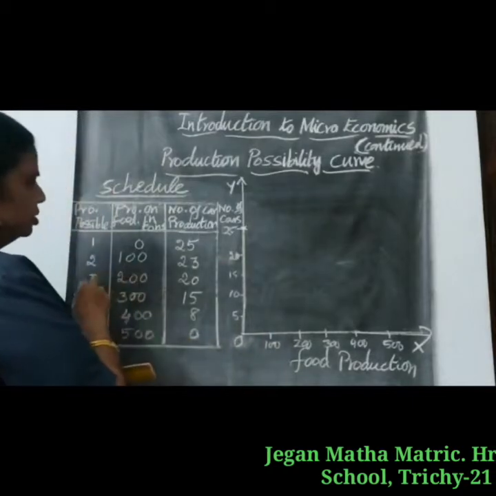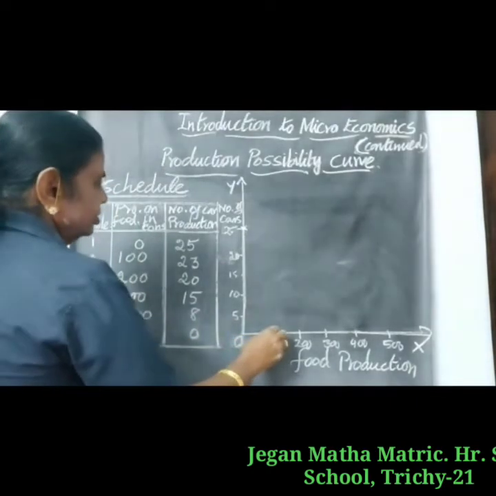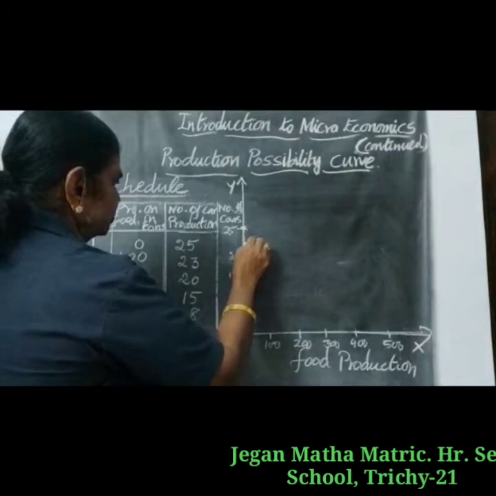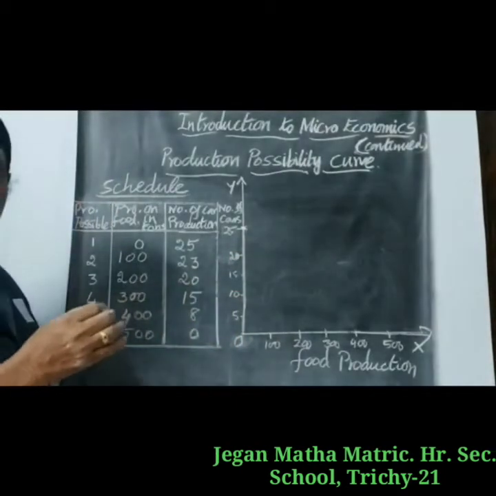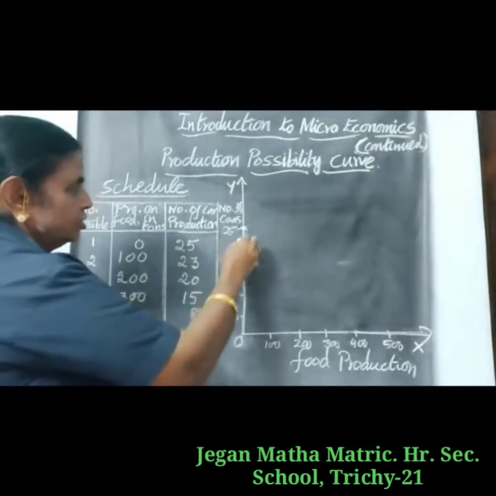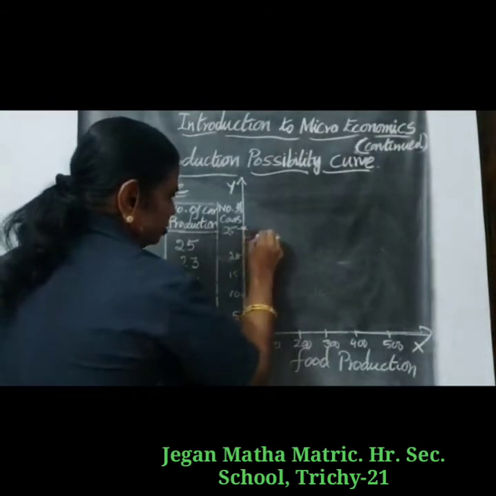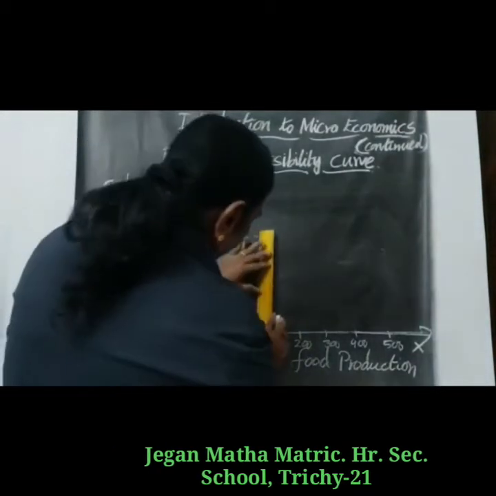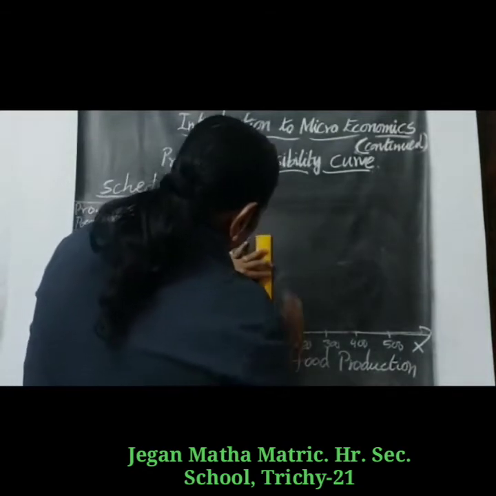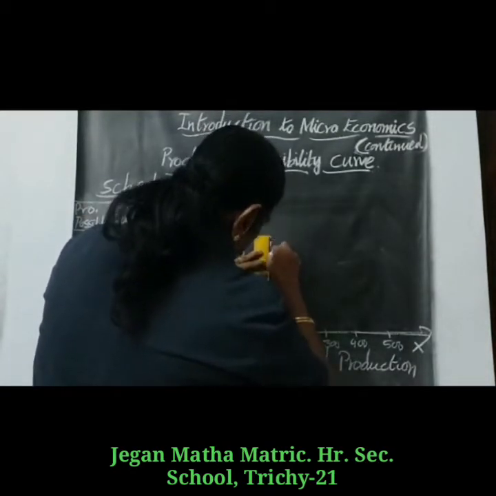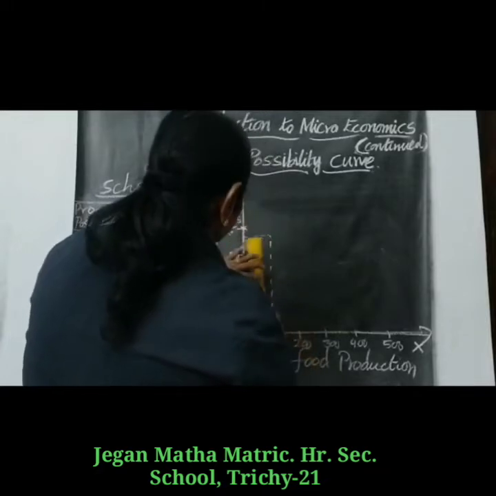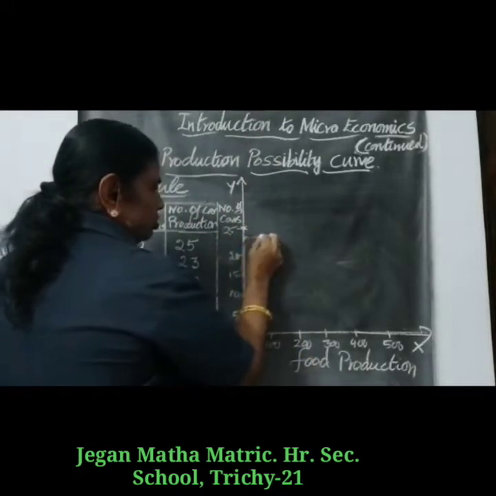And whereas food production is 100, number of cars produced is only 23. So 100 and 23. Automatically we can join this to 100. So 23.